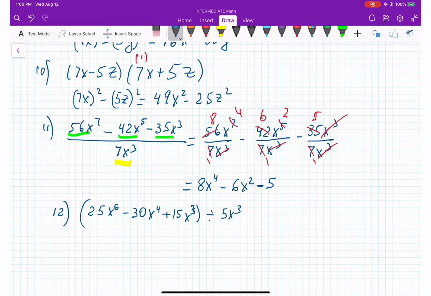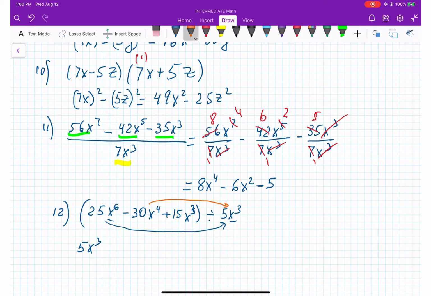Well, okay, it's going to be the same way. So let's see. 25x to 6, I'm dividing by 5x cubed. So 25 divided by 5 is going to be 5. x to 6 divided by x to 3, 6 minus 3 is 3. We get 5x to 3. Next. Negative 30x to 4 divided by 5x cubed. So what do we get?